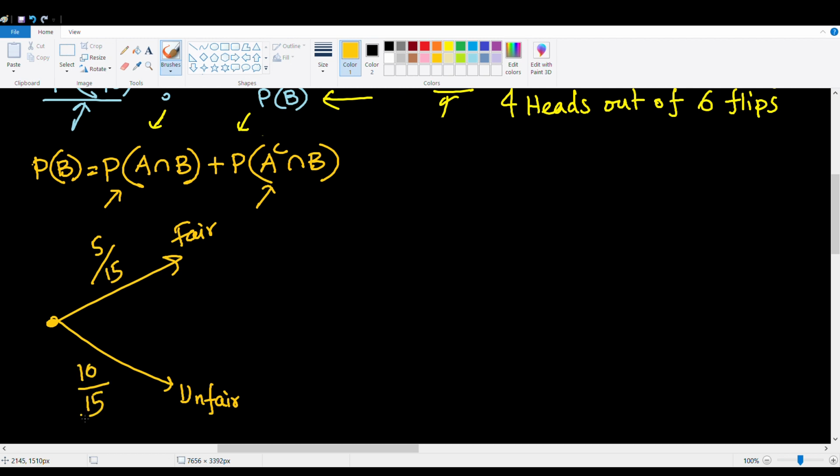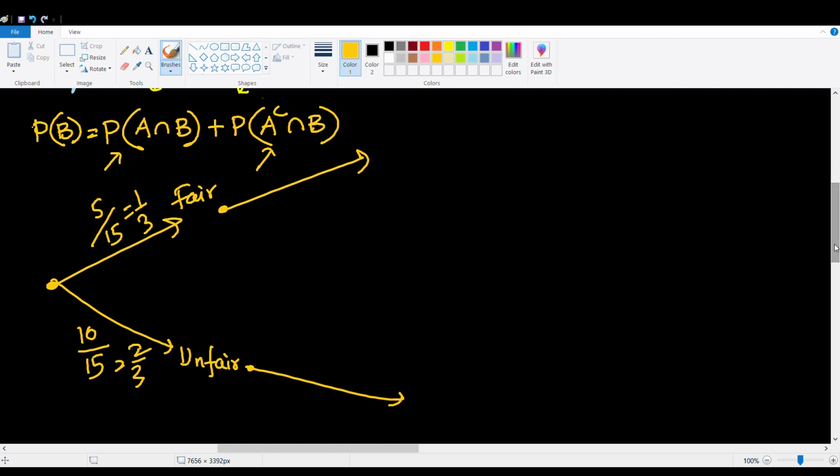Because there are 10 unfair coins, so it's 1/3 and it's 2/3. Now for fair coin we'll have a probability, and for unfair coin we'll have a probability of flipping 4 heads out of 6 flips. So here will be another probability, and then finally to determine P of A intersection B we have to multiply this probability and the probability here.